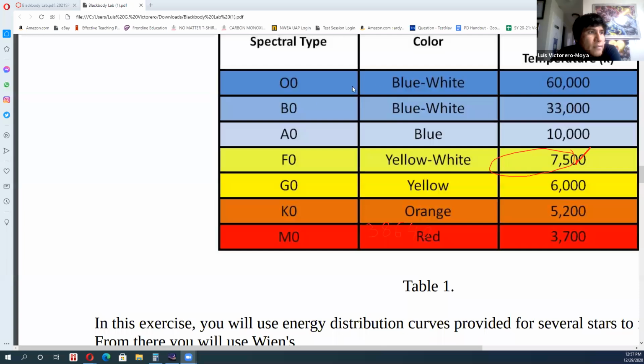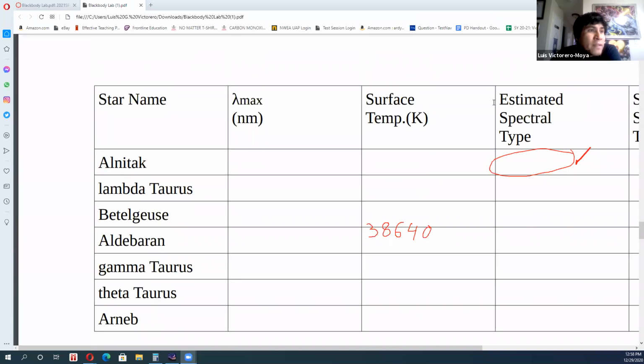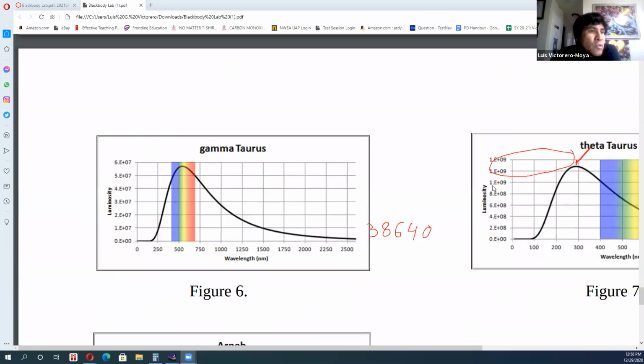They give you these spectral types, but between O and B, B and A, there are 9 subtypes: O1, O2, O3, O4, up until O9. So you have to be pretty accurate. You see that in the range of values there's a jump, especially here. Look, there's a 30,000 Kelvin jump. That's a lot. So to estimate the spectral type, you are going to use this one here.